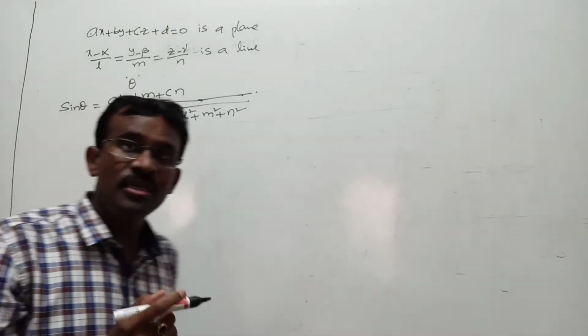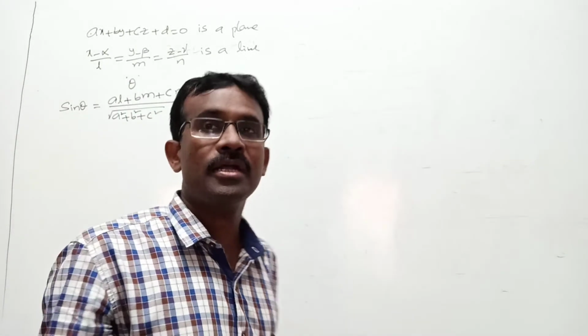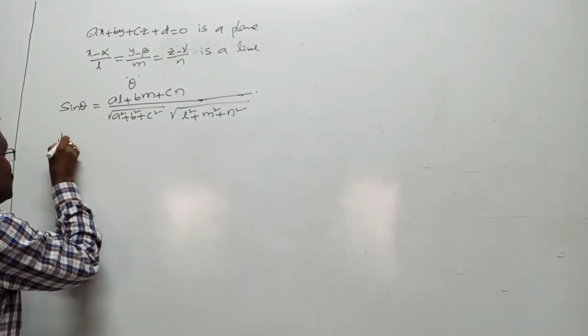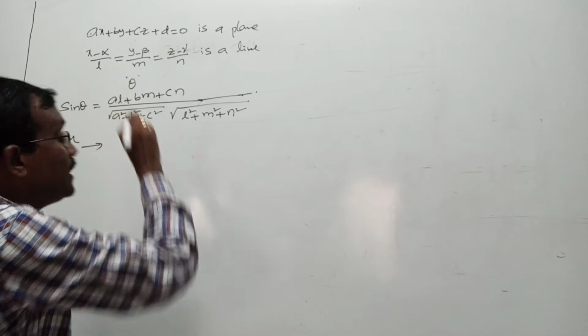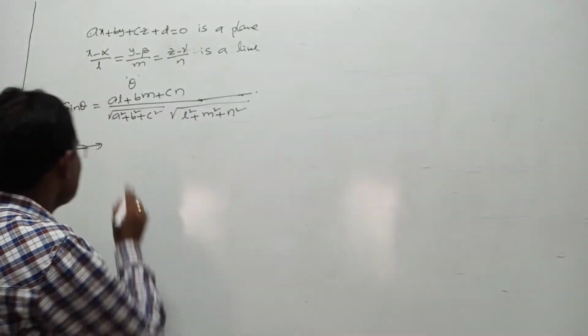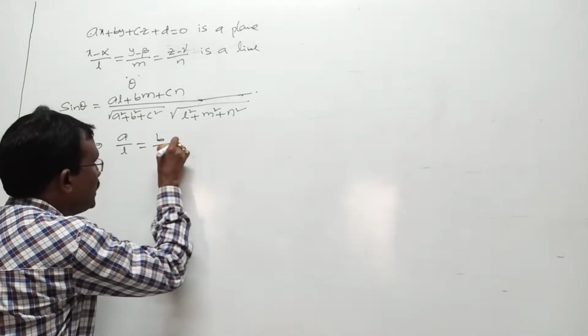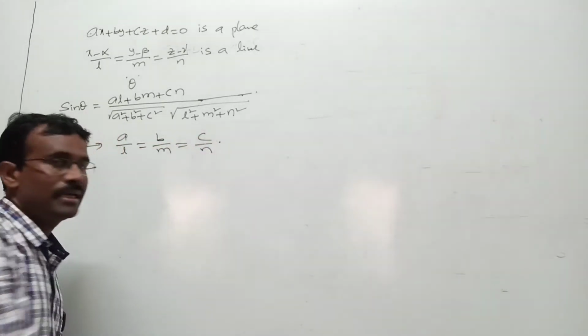Here again, see the parallel condition and perpendicular condition between them. The perpendicular condition between the plane and line is a by l is equal to b by m is equal to c by n.